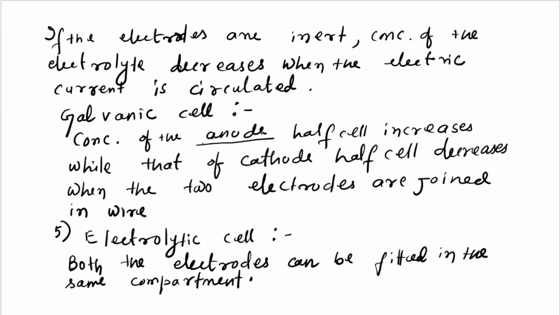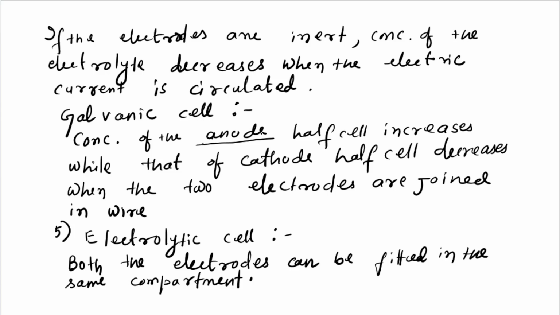Concentration of anode increases and concentration of cathode decreases when the two electrodes are joined by wire, when current passes.